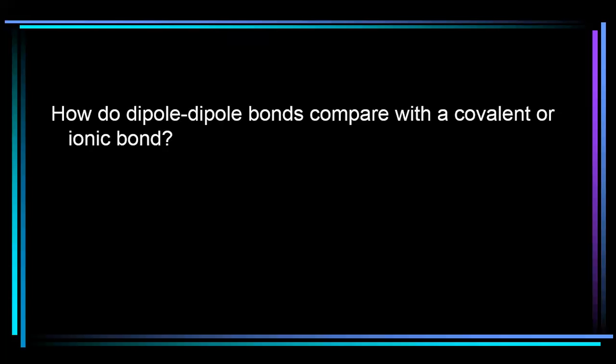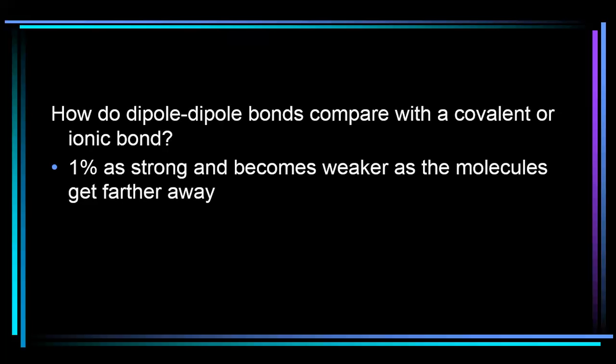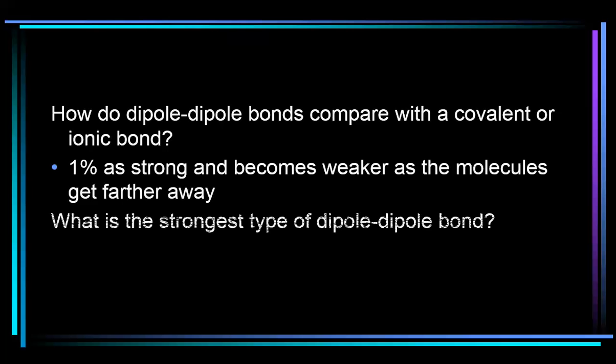Okay, that's like, no, it would be even more like comparing Ryan to a 2-year-old baby. Okay? That's the difference. Dipole-dipole are babies compared to intramolecular bonds. They are only about 1% as strong as covalent or ionic.